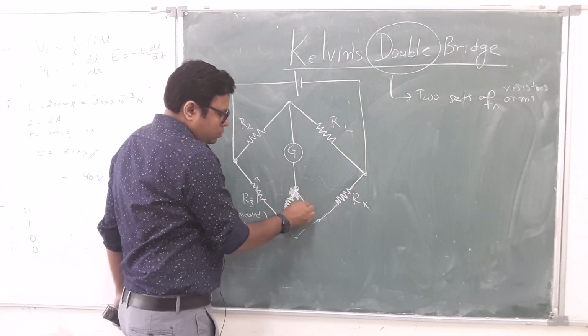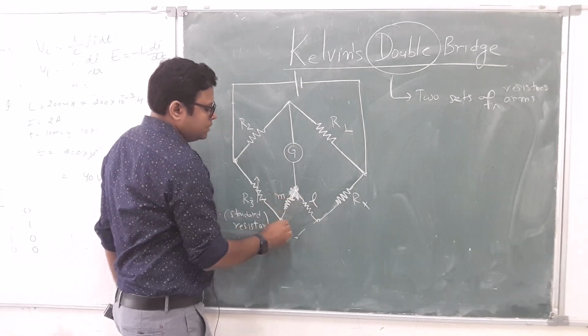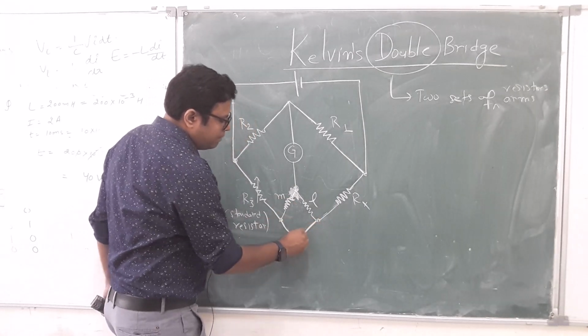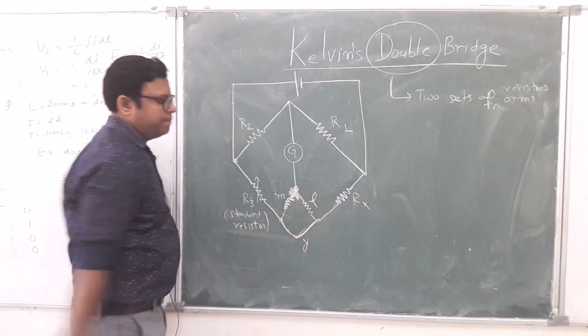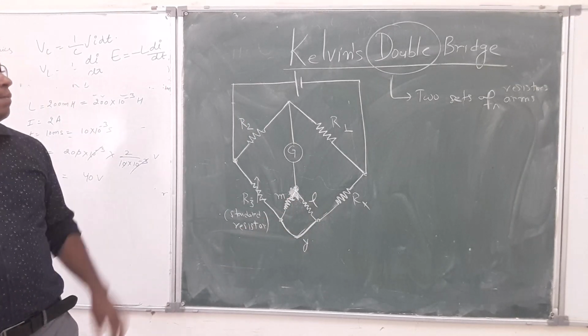And we have two more arms. One is L, the other is M, and this is the connecting lead having resistance Y. So this is a Kelvin double bridge.